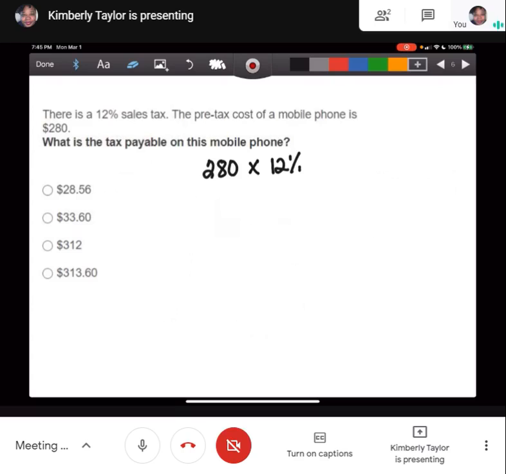You can rewrite percents as decimals, 0.12, since percents are all out of 100. If you didn't know that, you could do this in your calculator, and you would get the 0.12. Just a side note.